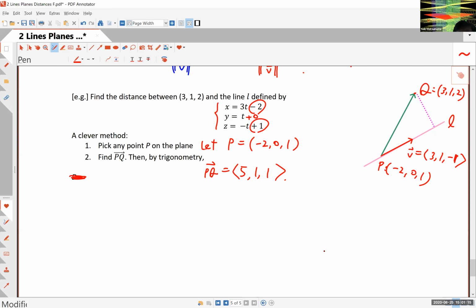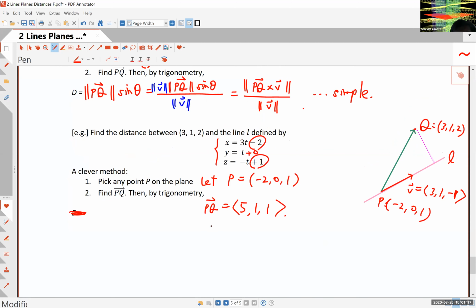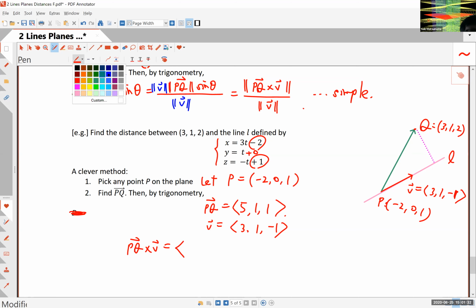And then you take the cross product of PQ and V. Let's say what V is. V is (3, 1, -1), right? Okay, so PQ cross V is equal to, all right, now again, imagine having i, j, k if you need to, but at this point you could probably just go like this and this. -1 minus 1, that's -2.